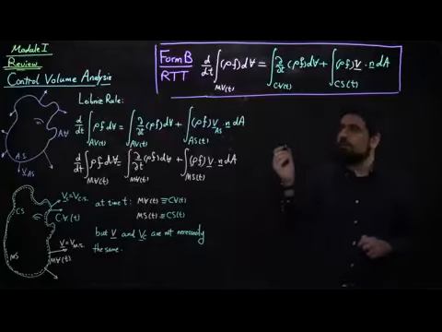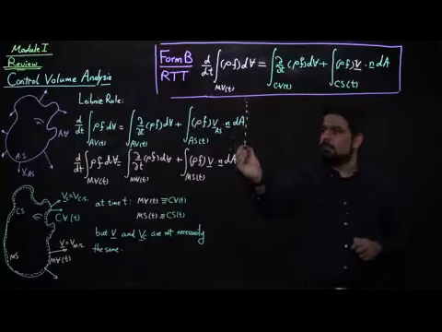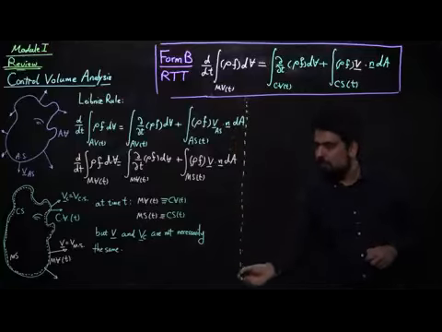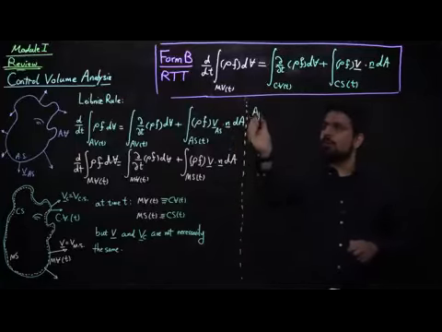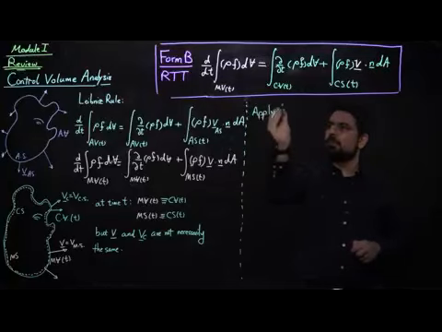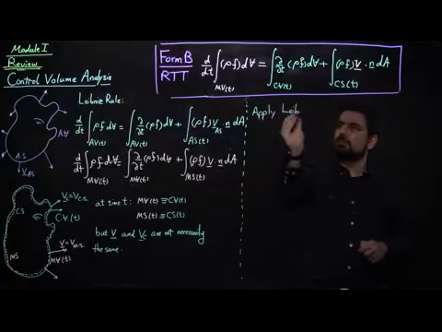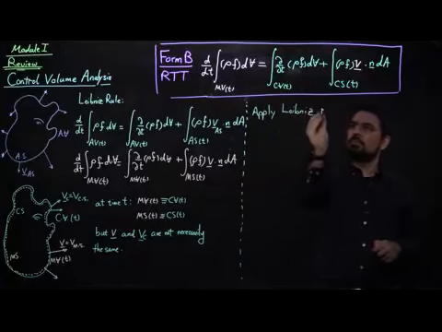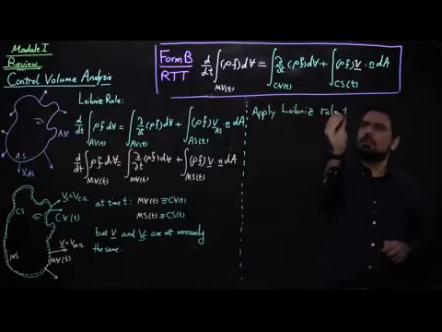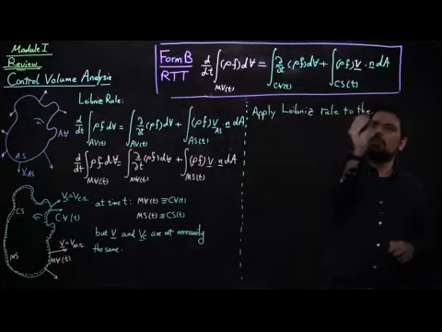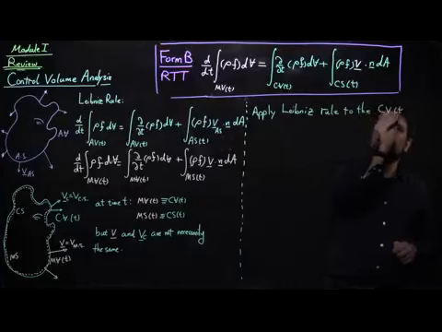And if you remember, so again, here, I'm going to continue on this corner, and I'm going to write down that we apply Leibniz rule to the contour volume at time t.